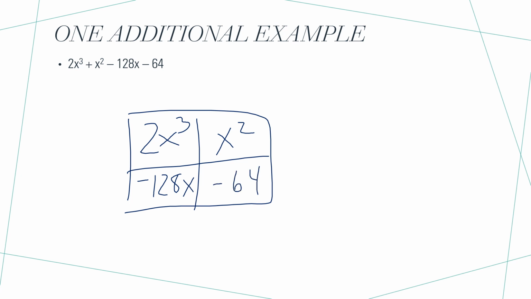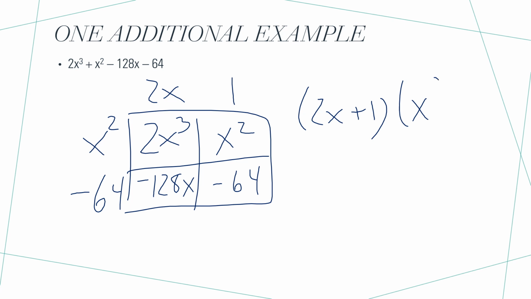And so I will GCF factor going this way. The greatest common factor between 2x to the third and x squared is x squared, which means that this must be 2x, that must be a 1, and this must be a negative 64. And so your base is 2x plus 1, and your height is x squared minus 64.